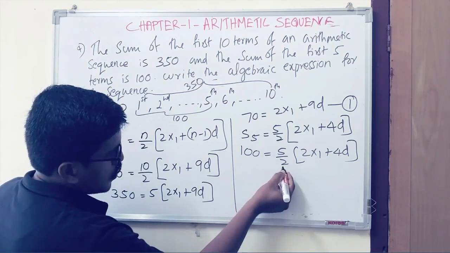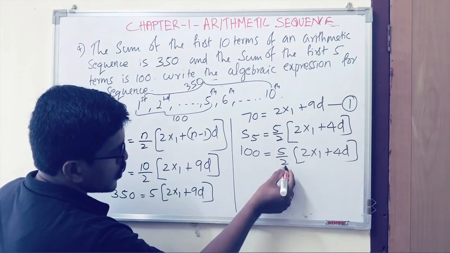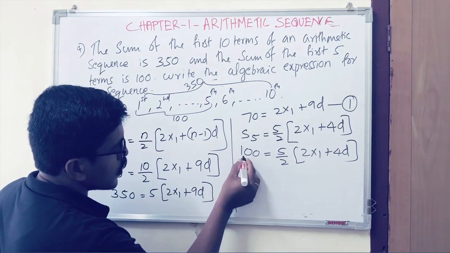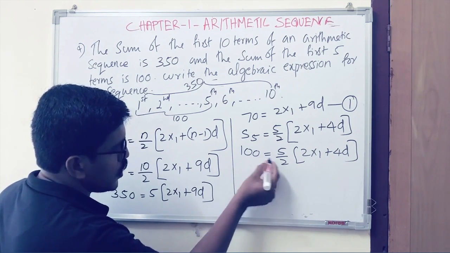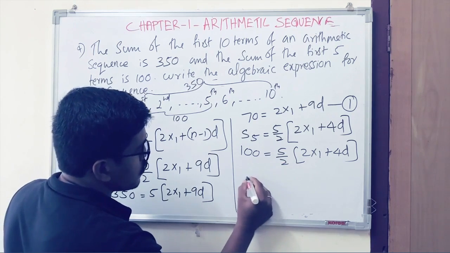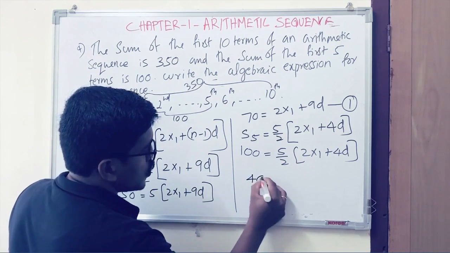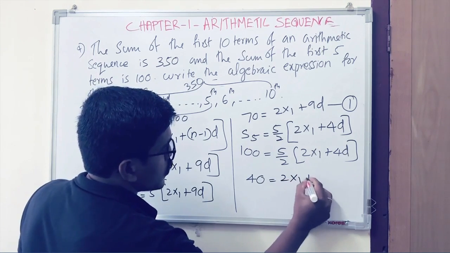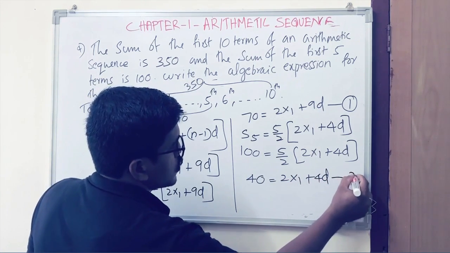The 2 in the denominator comes to the left side, so 100 into 2 is 200, divided by 5 is 40. So 40 is equal to 2x1 plus 4d. This is our second equation.